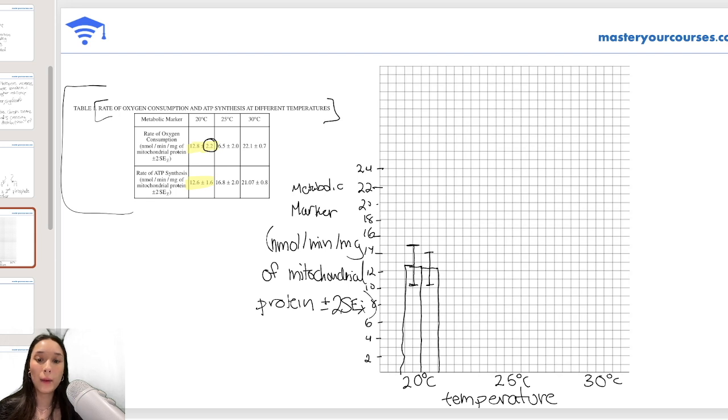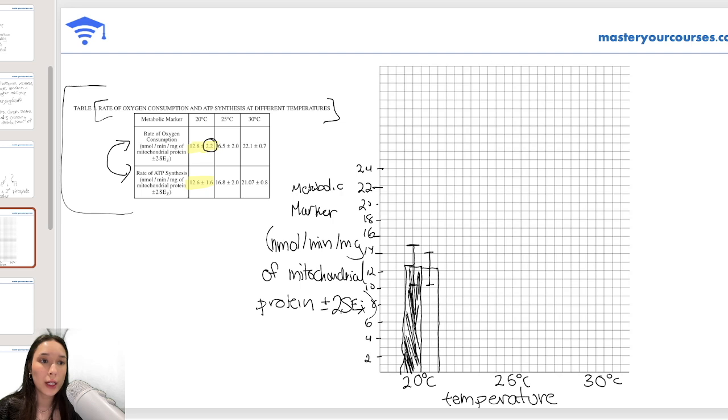Now just to make sure that you can distinguish between these two graphs, because they are 2 different measurements, one's for oxygen and one's for ATP, you want to either color one in or put a pattern on one of them. I'm just going to color in one of them like this. This would have been more than enough, and leave the other one blank just so you can distinguish between them. And then we'll put the legend in as well.